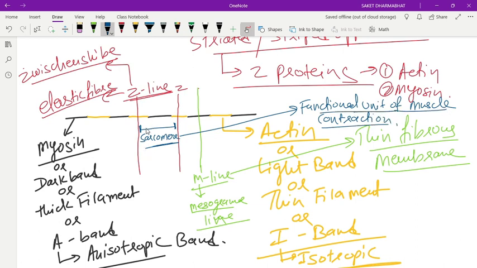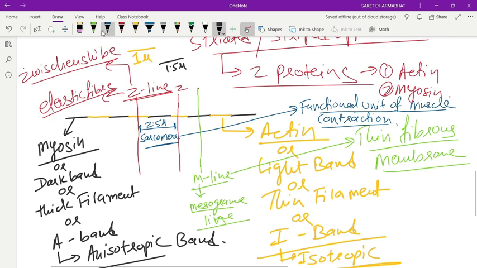What is the length of this sarcomere? 2.5 micron. How does this 2.5 micron come? The length of one thin filament is 1 micron, and the length of one thick filament is 1.5 micron.